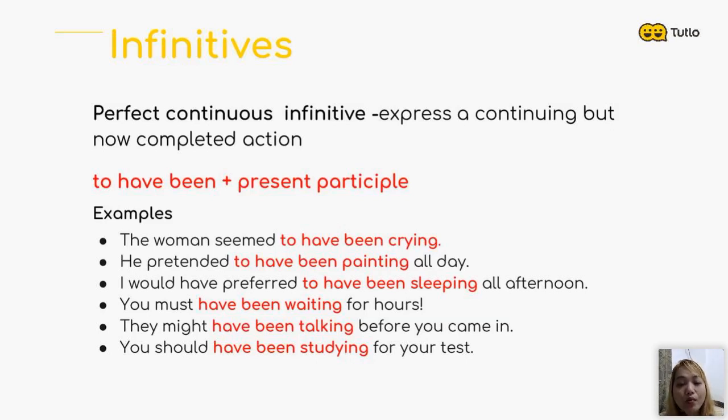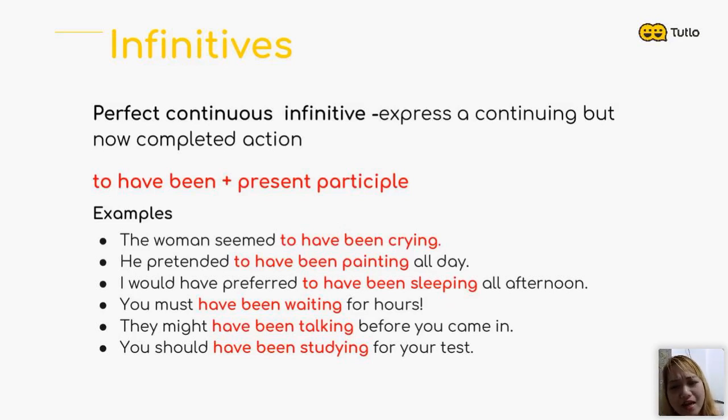Yeah. Now, with the perfect continuous infinitives, it refers to a time before that of the preceding verb and expresses an action in progress. Remember, it is perfect continuous. So that is why it expresses an action in progress or happening over a period of time.